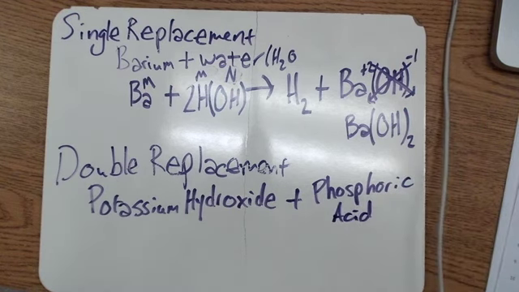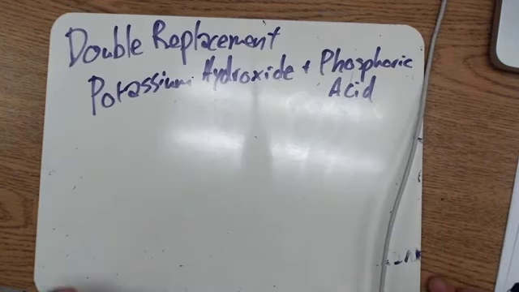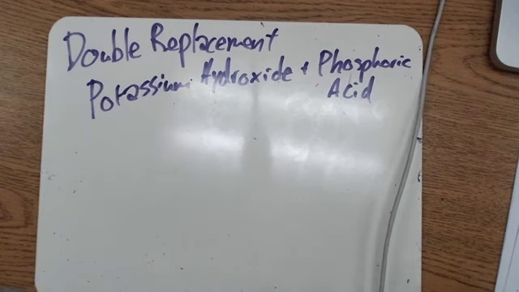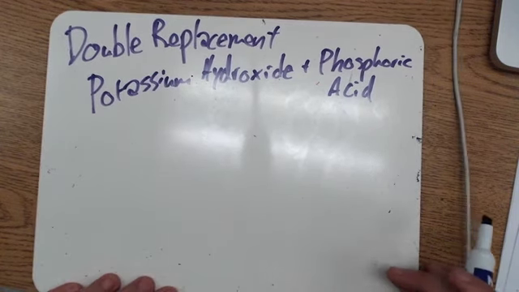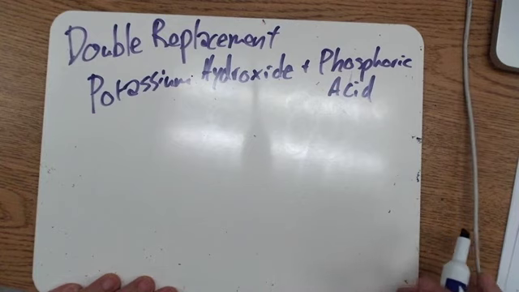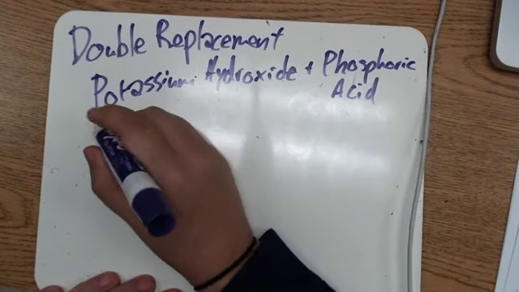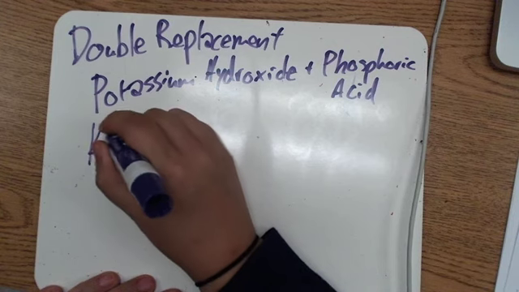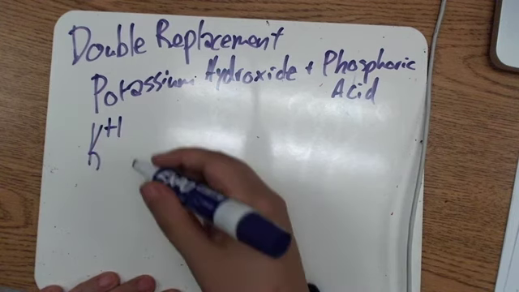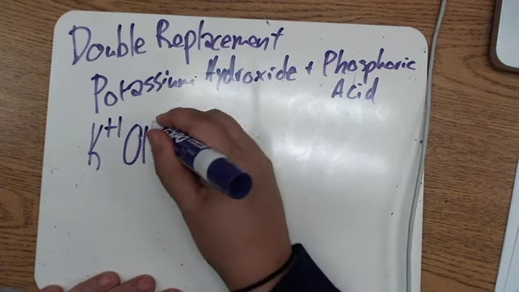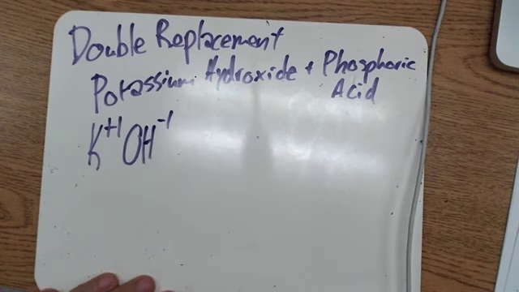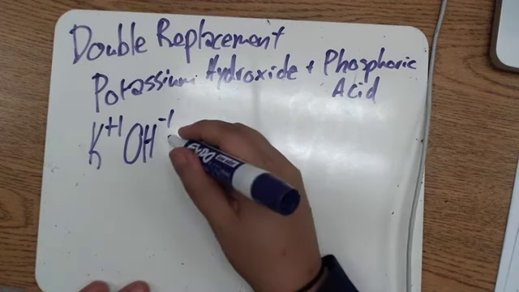And I'm going to use a different bowl. So first I need to figure out the chemical formulas before I can do any kind of predicting here, right? Potassium is K, it always has an oxidation number of +1. Hydroxide is OH, right? And it's -1 because I looked at my table here.